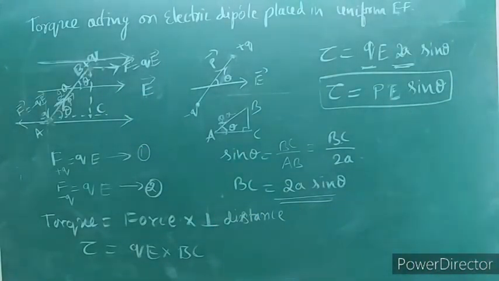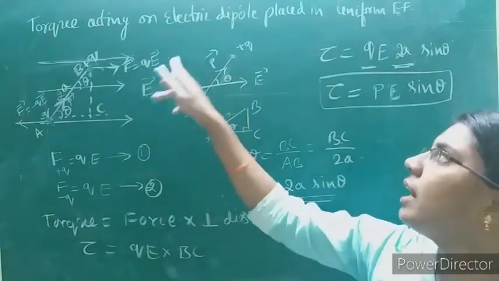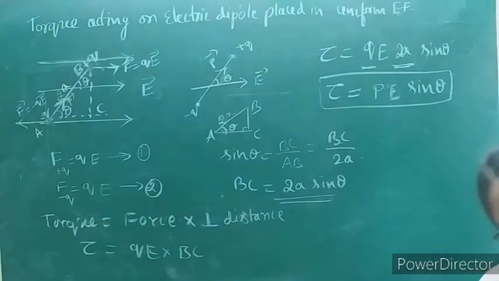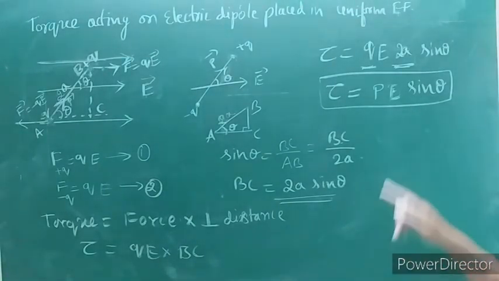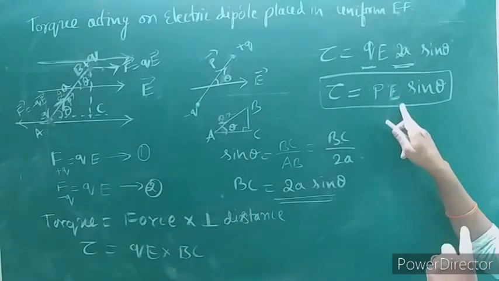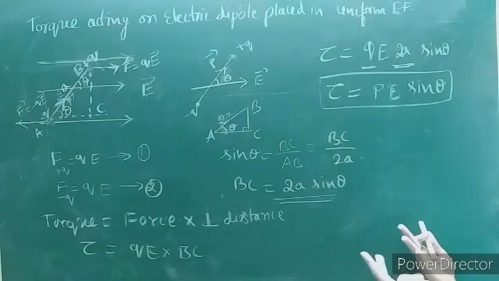So the amount of torque acting on an electric dipole due to the uniform electric field is tau equal to PE sin theta. Now see, this is in the form of the product of the magnitudes of two vectors and the sine of the angle between them. That is nothing but the vector product of the two vectors.